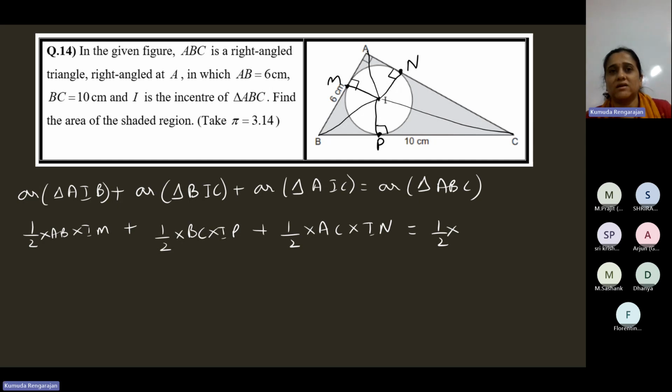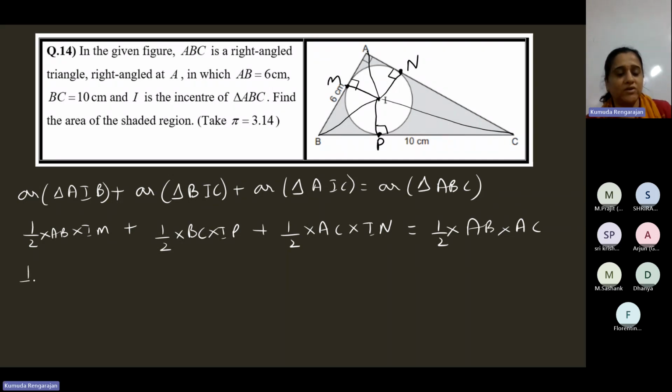Right triangle, half product of legs. The formula to find the area for a right triangle is half into product of legs. Legs are the two sides other than the hypotenuse. Leave BC, let go the hypotenuse. The other two sides, AB and AC, are the legs. Half product of legs, half AB into AC.